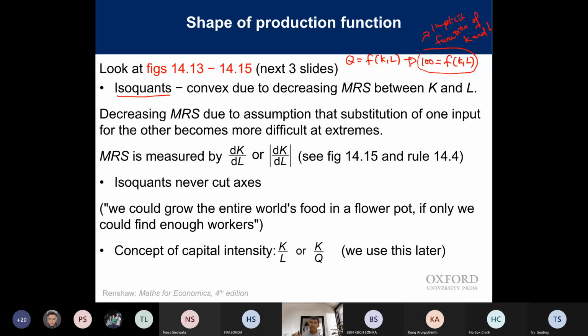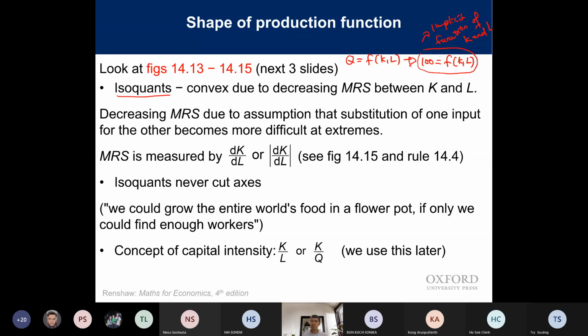There should be a number of pairs of the two inputs that will result in exactly the same output. And that relationship of the two inputs is referred to simply as an implicit function of K and L.